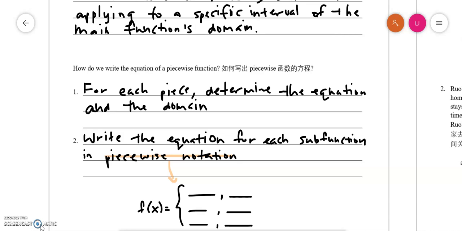And then you write the equation for each subfunction in piecewise notation, which is this notation that you see down here. So you'll have the f of x equaling the bracket, and then all your pieces, you're going to write them over here with their domains. So just like we saw in the previous example, that is piecewise notation.